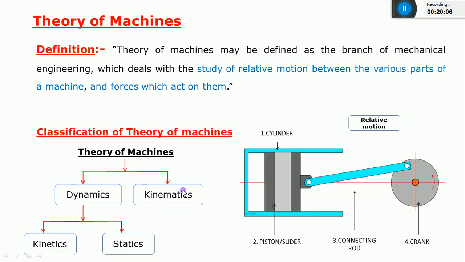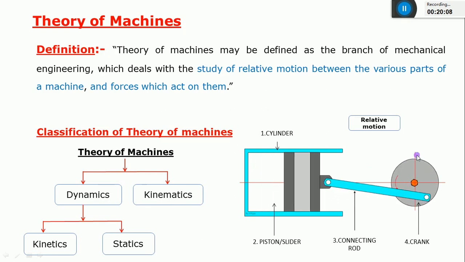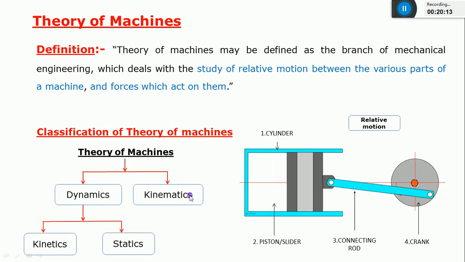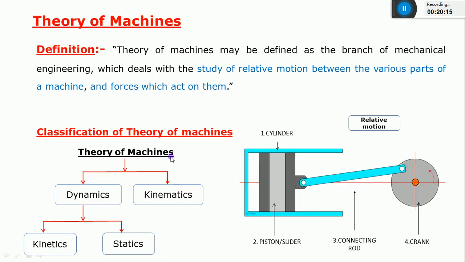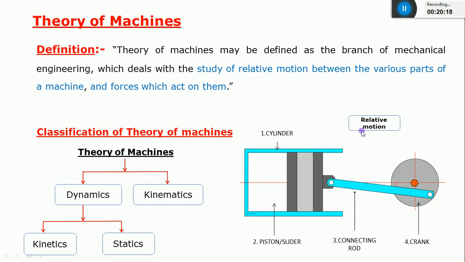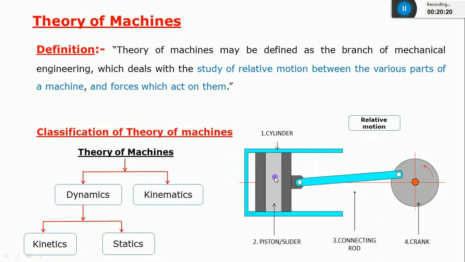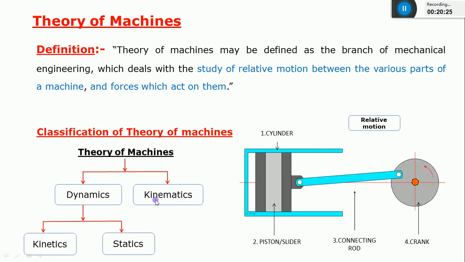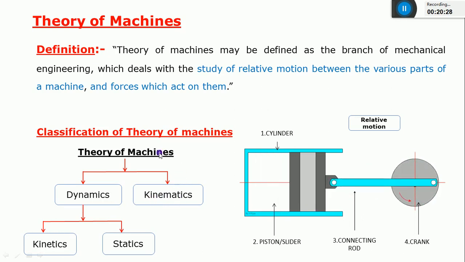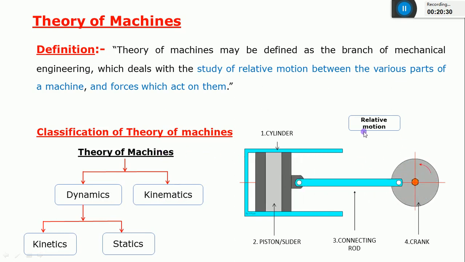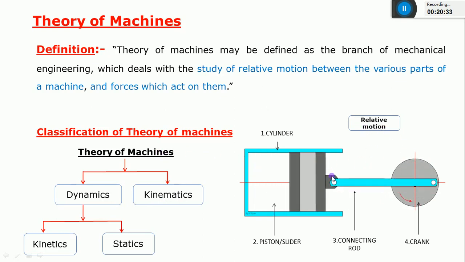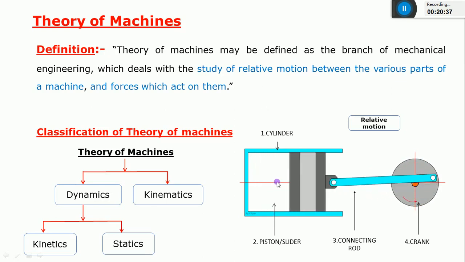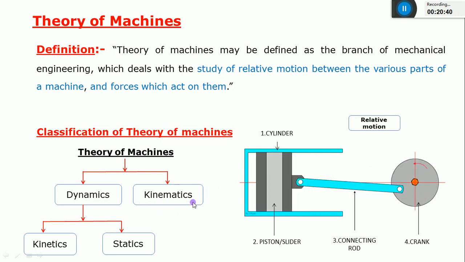How can you define kinematics? Kinematics is a branch of theory of machine in which we study only the relative motion between different parts of a machine, and we are not going to bother about the forces acting. Just take down the definition of kinematics.